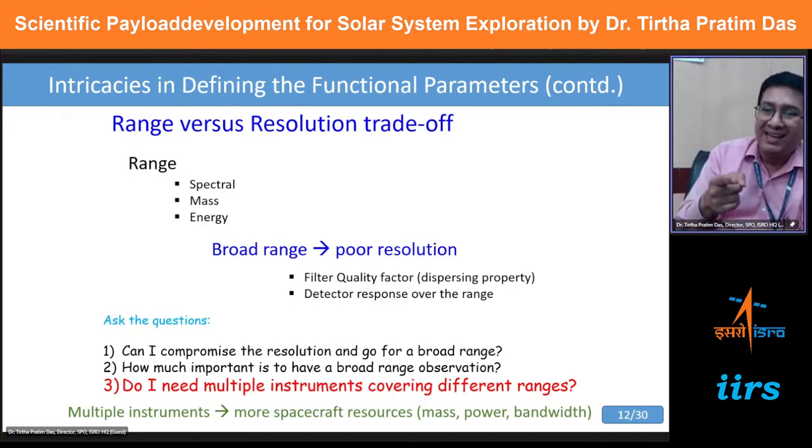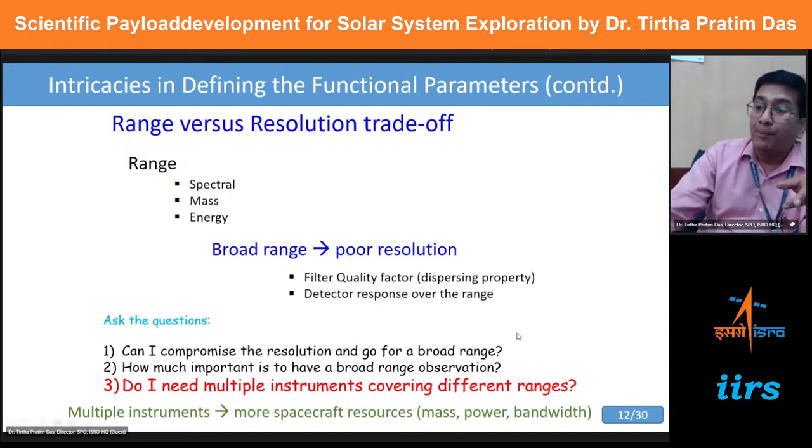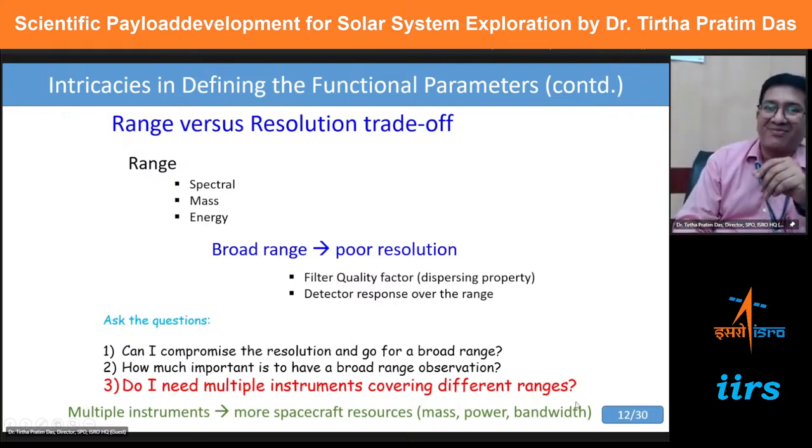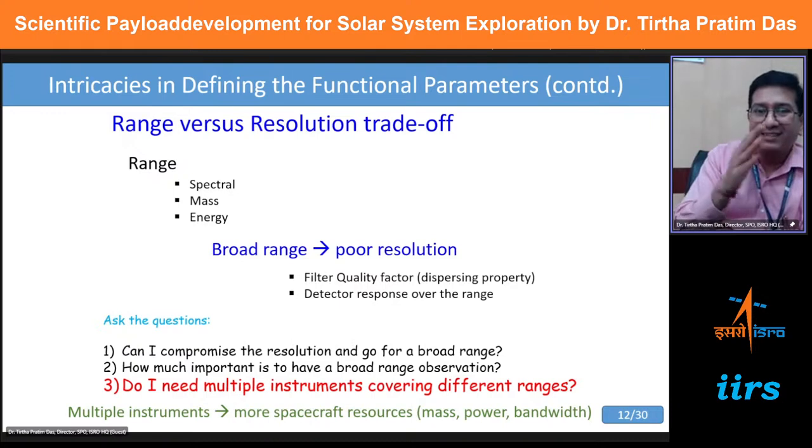Again, you have to say whether you really wish to go for a very big range. And if you really need a very big range and a very sharp resolution simultaneously, then you may have to decide whether I need multiple instruments covering different ranges. Every wavelength region has a story to tell you, right?